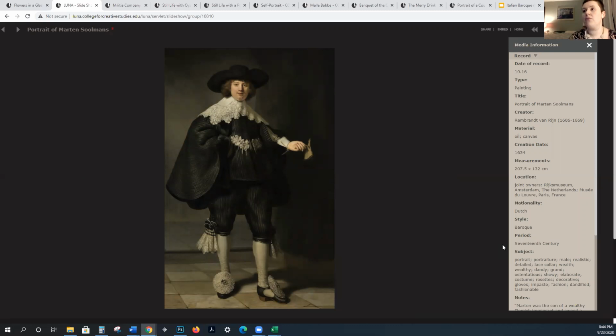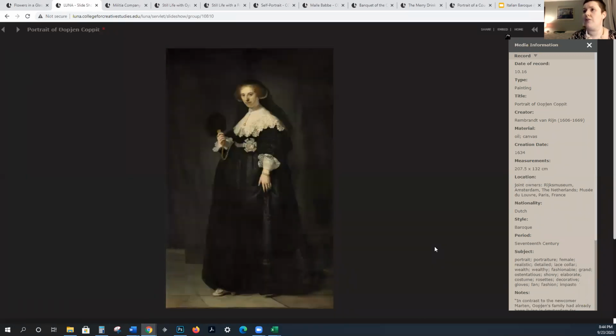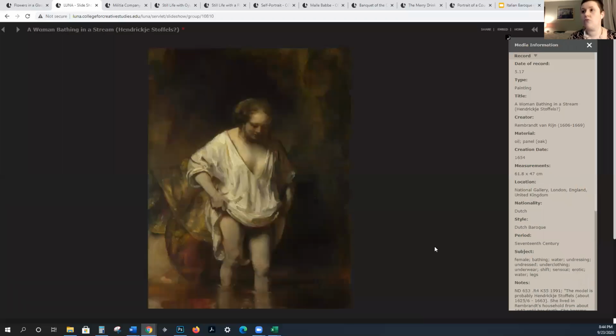And some of Rembrandt's earlier work involved portraits. If you are interested in shoes and fashion accessories, I would really recommend that you look at this man and his wife. They are extremely well dressed. But this is very characteristic of Rembrandt.